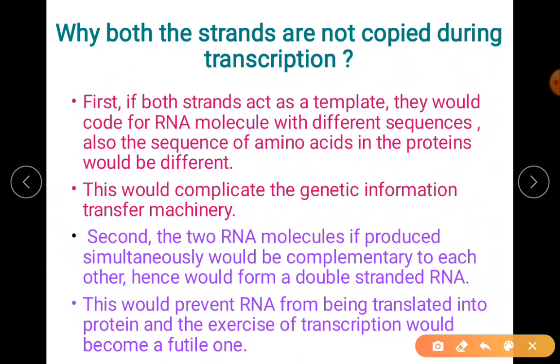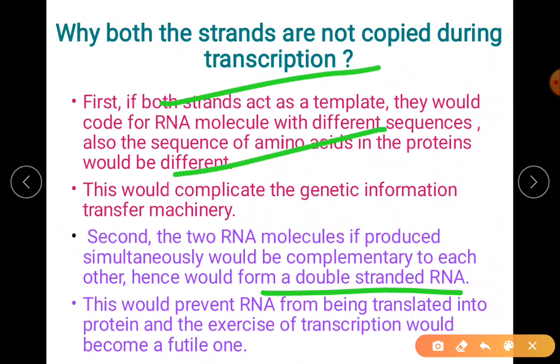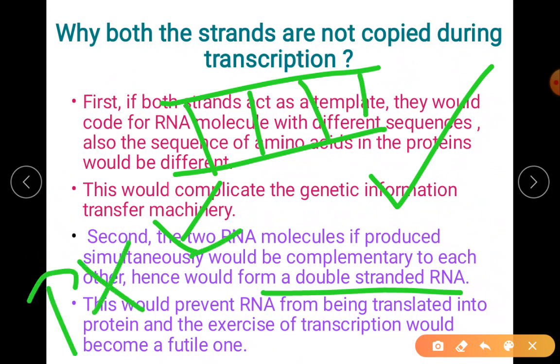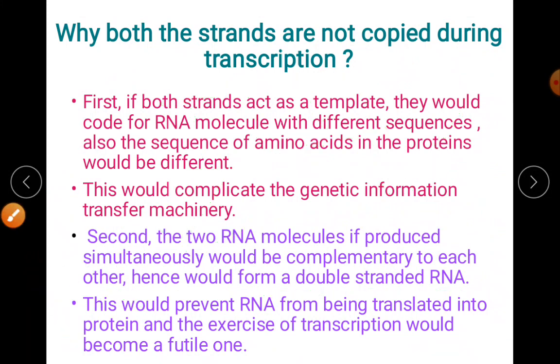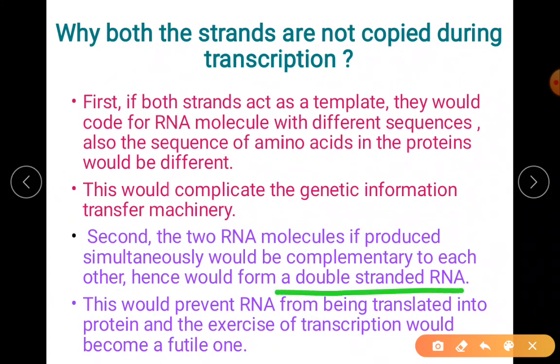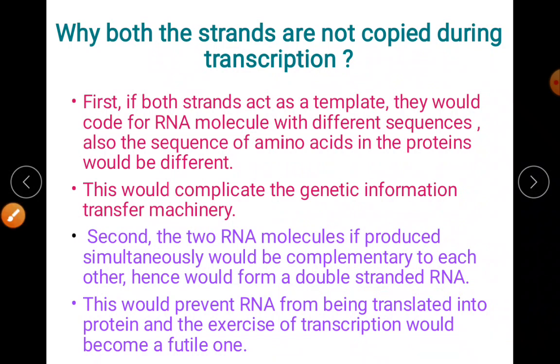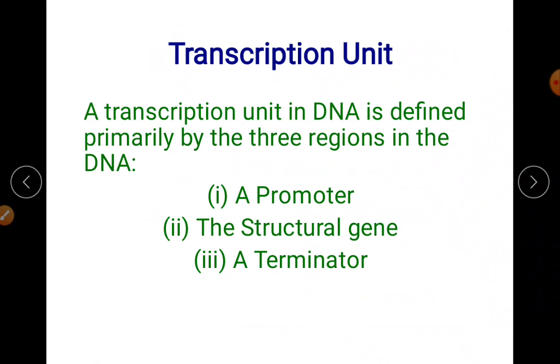Hence, they will form a double strand. Immediately those two RNAs will form a double strand, and it will be of no use. It will not produce any protein. That's why, to avoid this problem, we say it should be only on one strand, and compulsorily on the antisense strand it should transcribe. So I hope the idea is clear.